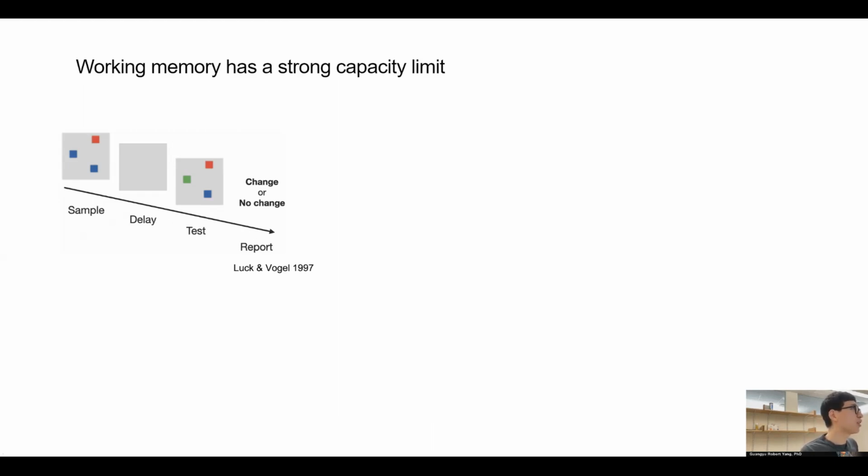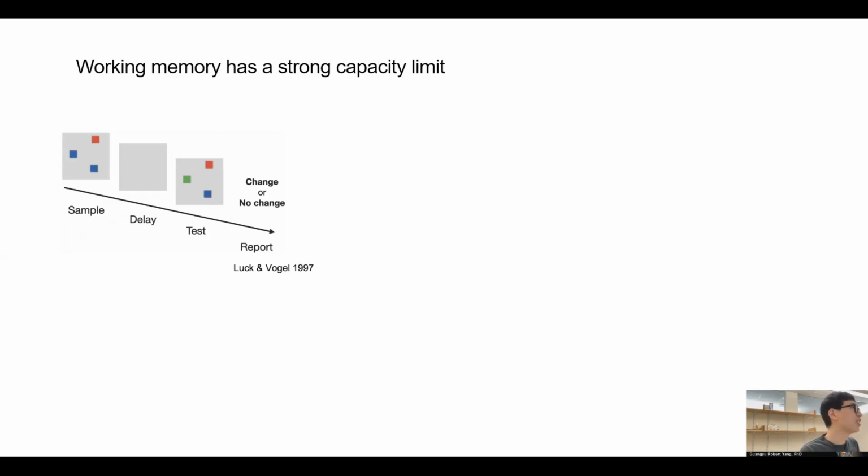And so you're first shown these 3 colored squares, and then there's a delay period when you don't see anything. It's just a gray screen, and then you see another 3 squares that appeared at the same location as the original 3 squares, and mostly have the same colors, but with, for example, 50% probability, one of the colored squares would change its color.